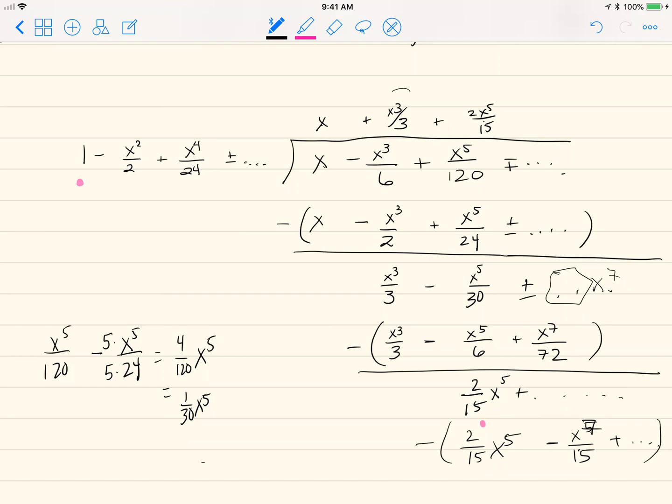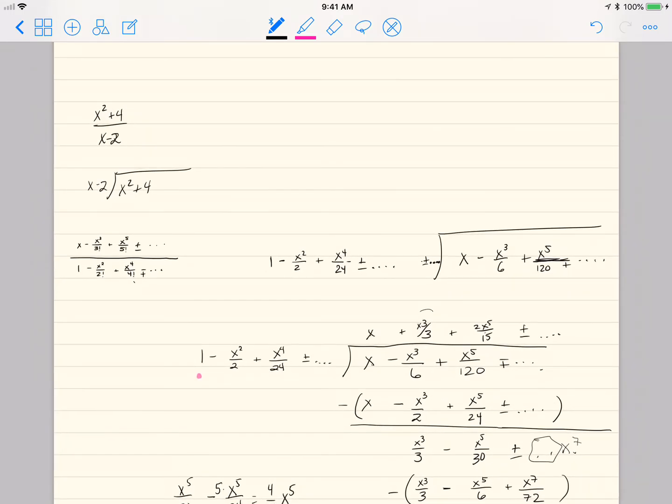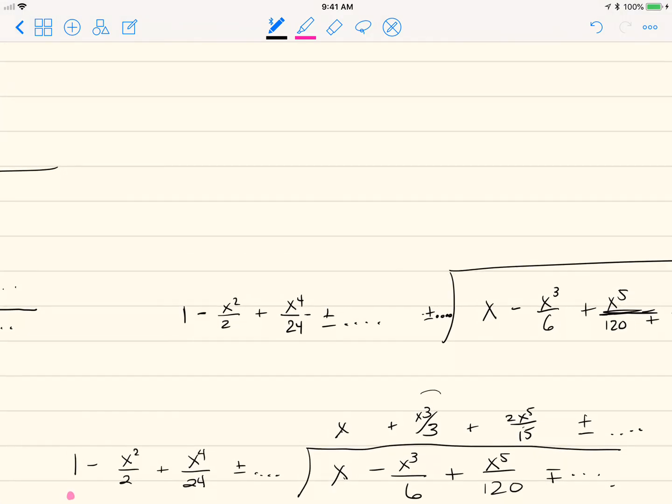But it doesn't matter because now I'm going to get plus or minus, plus or minus. And so my conclusion would be this top right here. So tangent of x is equal to x plus x cubed over 3 plus 2x to the 5th over 15 plus dot dot dot.